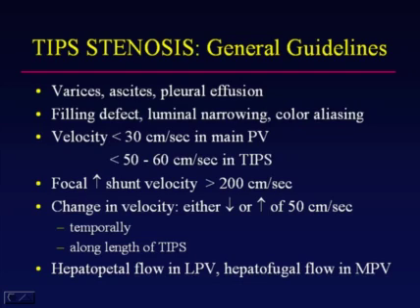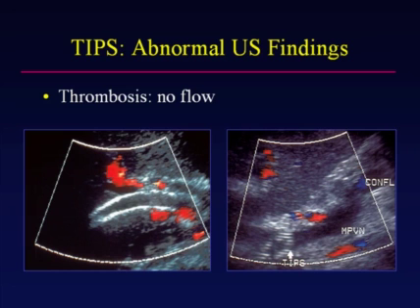And lastly, look for change in direction of flow in the left or right portal veins, and if you see flow going towards the liver capsule or away from the tips in the intrahepatic veins, that's a bad sign. Or if you see flow going away from the tips in the main portal vein, away from the liver, hepatofugal, that's a very bad sign. It means that the gradient in the tips must be high.